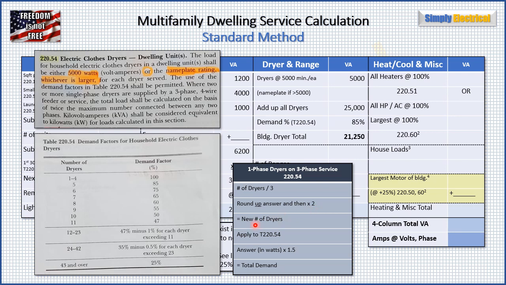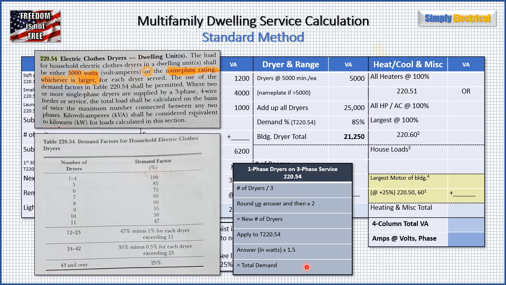That's going to give you your new number of dryers. Once you have that new number, you apply that number to Table 220.54 over here. Then you'll come up with an answer in watts once you apply the demand factor. Once you have that answer in watts, you multiply by 1.5, and that'll give you your total demand.